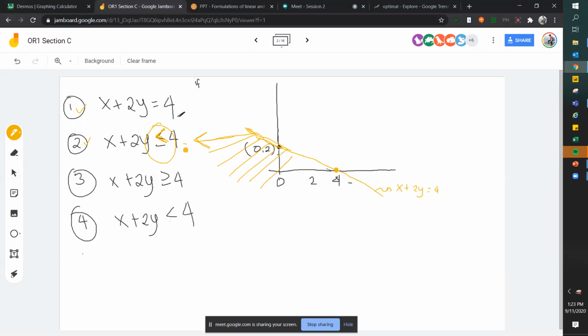So ganyan yung shading niya. Yan yung representation, guys, nung less than or equal yung ating inequality. May shading kumbaga. Okay? Nakuha? And then that's called x plus 2y less than or equal to 4. Okay?